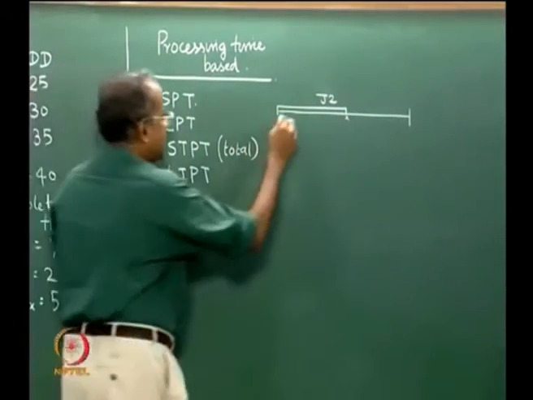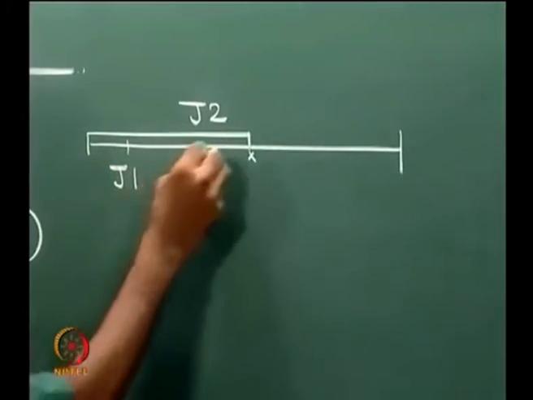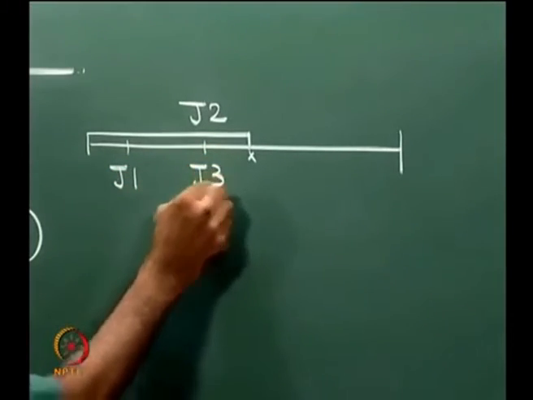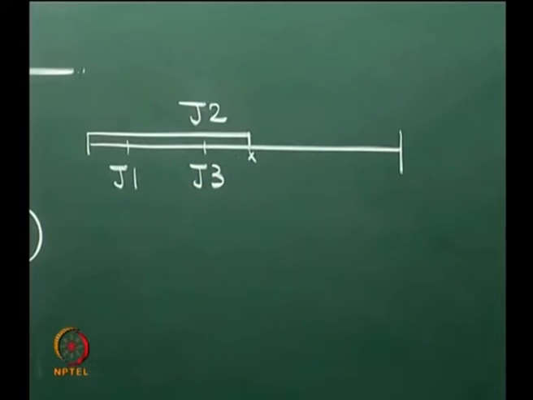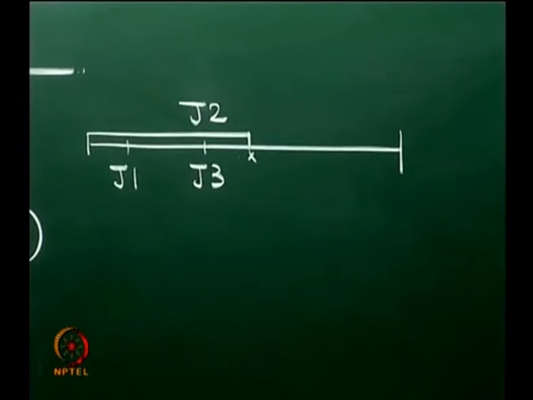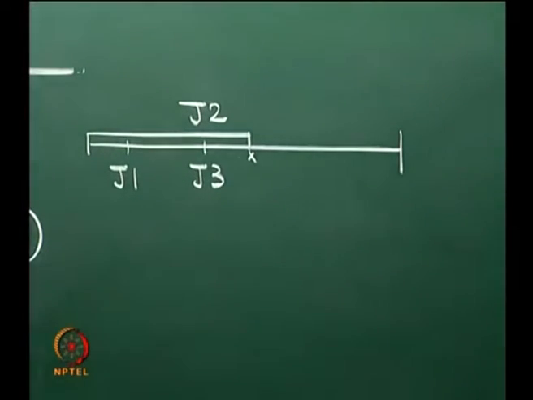Now, let us assume that J1 has come at this point and J3 has come at this point.